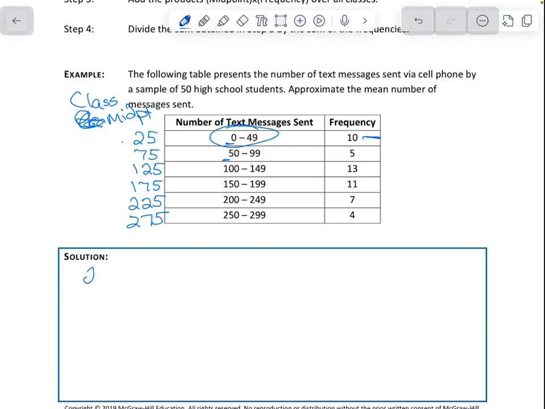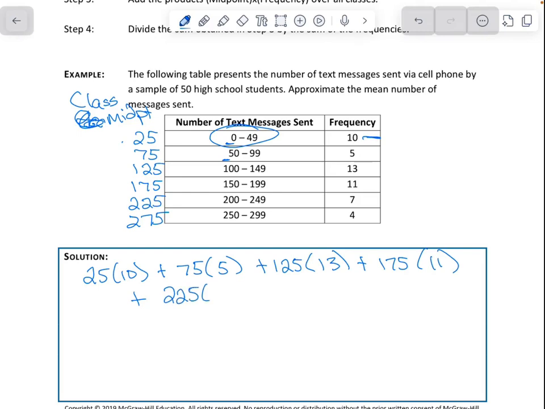So you would do 25 times 10 plus 75 times 5 plus 125 times 13 plus 175 times 11 plus 225 times 7 plus 275 times 4. And you could do it by hand that way.